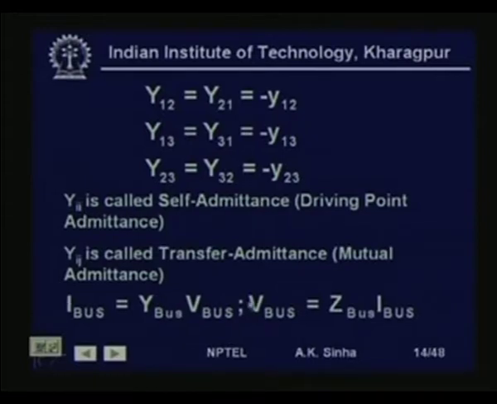We can write the same expression also as V bus is equal to Z bus into I bus, but most of the time we do not use this relationship; rather we use the earlier one. The reason is that Y bus is much easier to find or compute. We have seen how easy it is to compute Y bus for any system. Also, the other advantage is that Y bus is a very sparse matrix, because if nodes i and k are not connected, then Yik is 0.